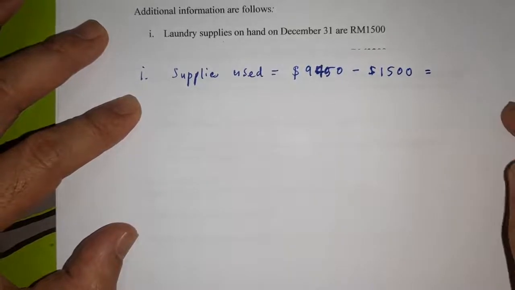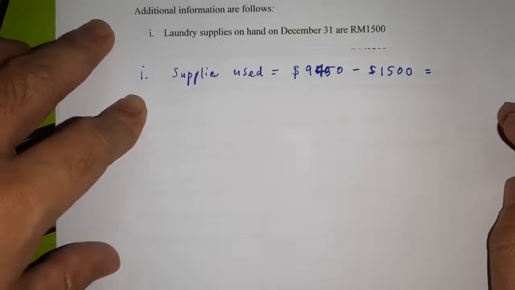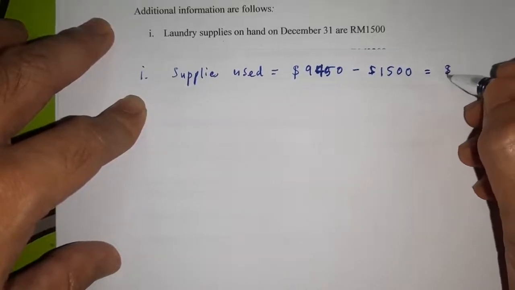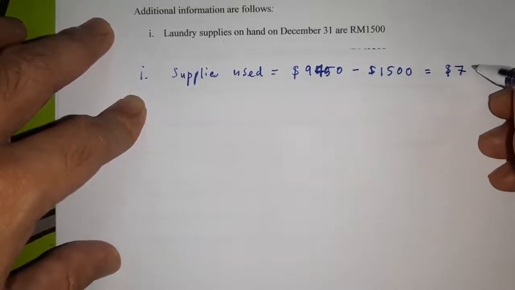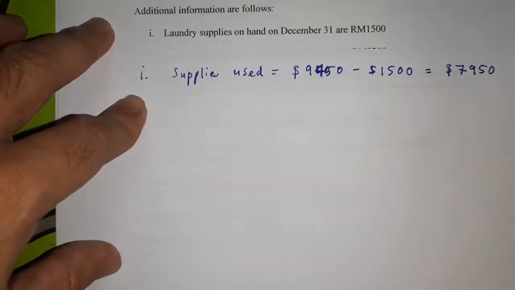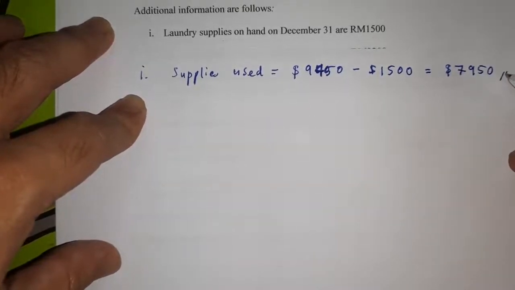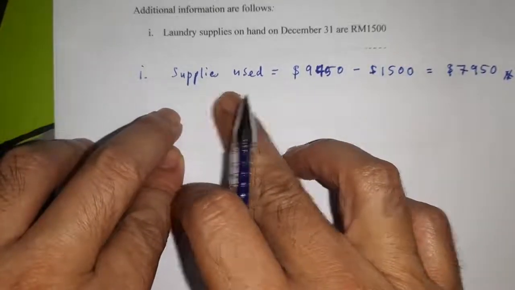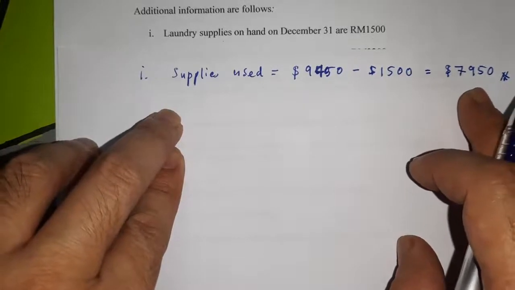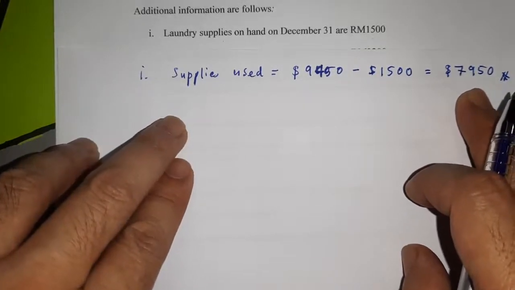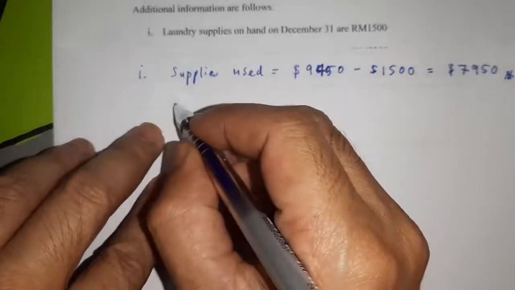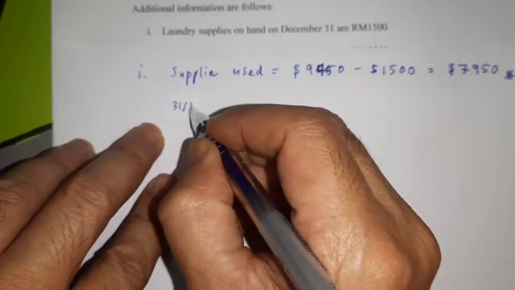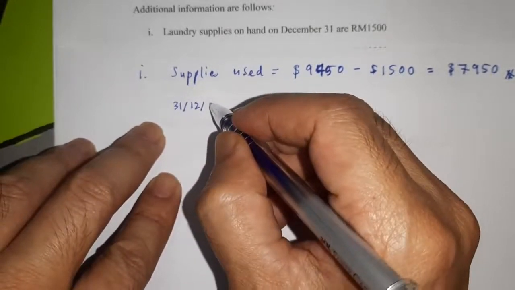So the supplies used during the year is equal to 7,950. So when you do the adjusting entry for supplies, first you calculate the supplies used, and then you record the supplies used in that accounting period. The adjusting entry is done at 31st of December 2000 X2.